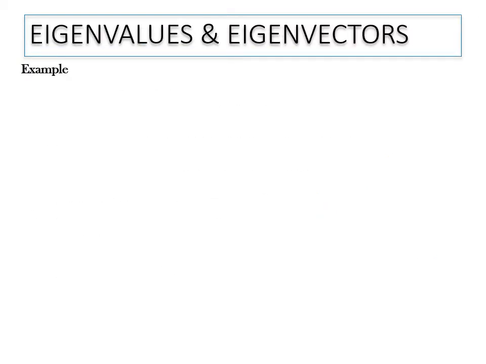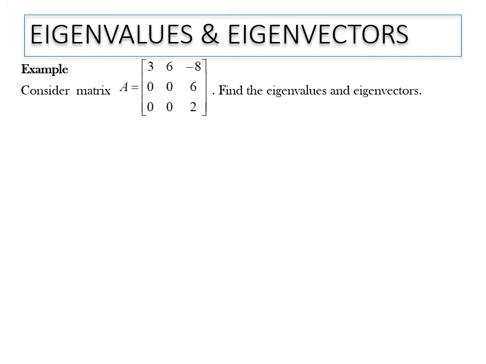Now example 1 is to find the eigenvalues and eigenvectors of this matrix A. So it's a 3 by 3. First of all, you need to write A minus lambda I and find the determinant.